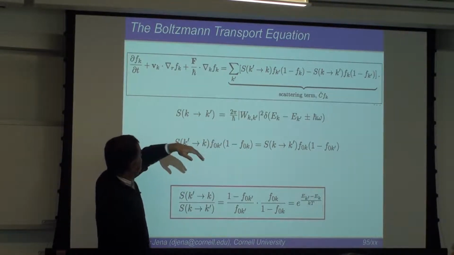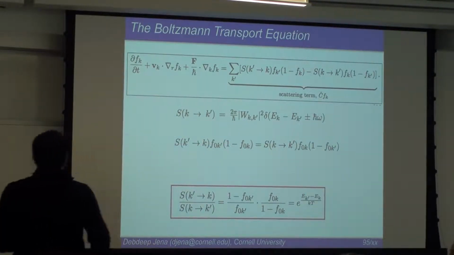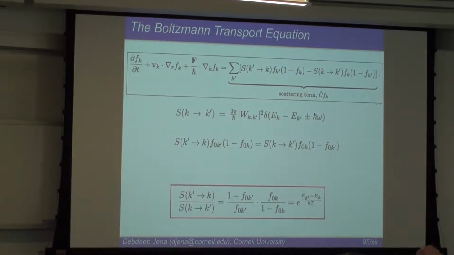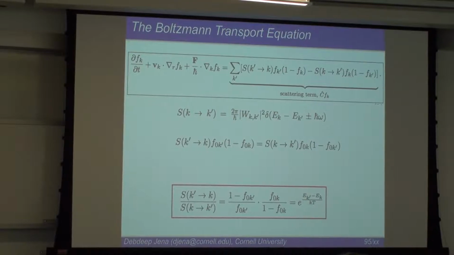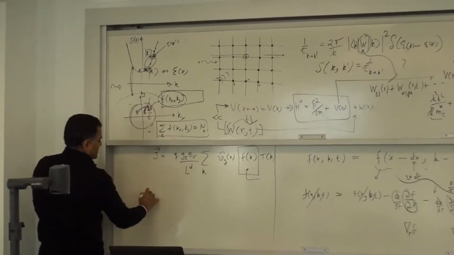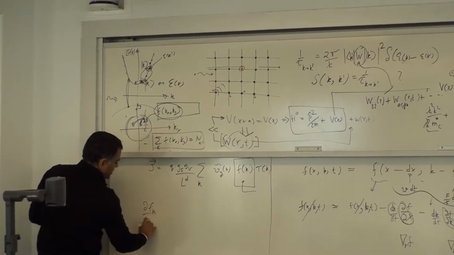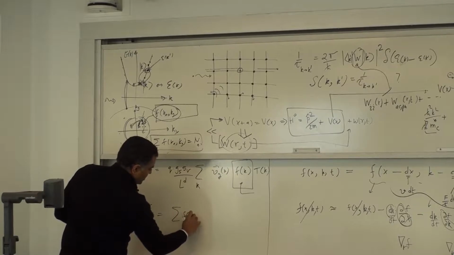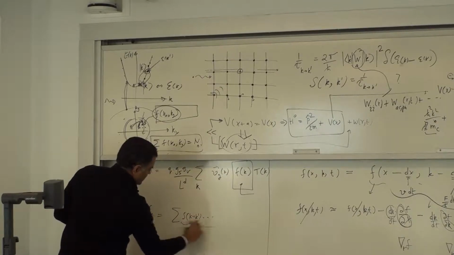And now I have an equation that looks very interesting. It says that the time derivative of the distribution function, if I want to find, I could have a 2D crystal, a 2D electron gas, and I have an occupation function of each of these k states. And the equation is del F by del T is equal to this whole integral of k to k prime, all these terms that we have here, right?